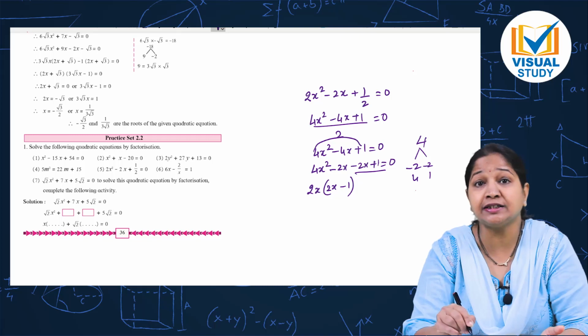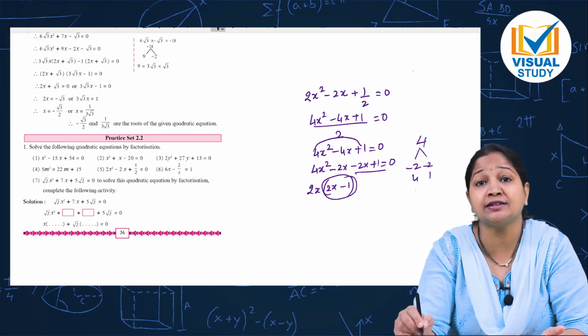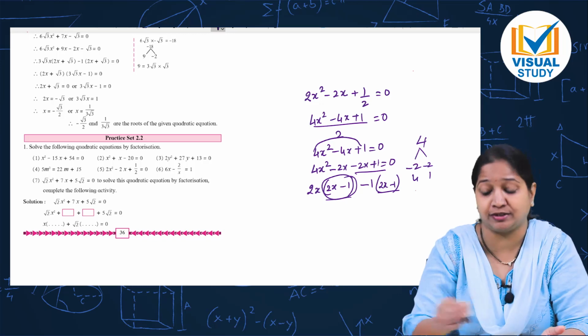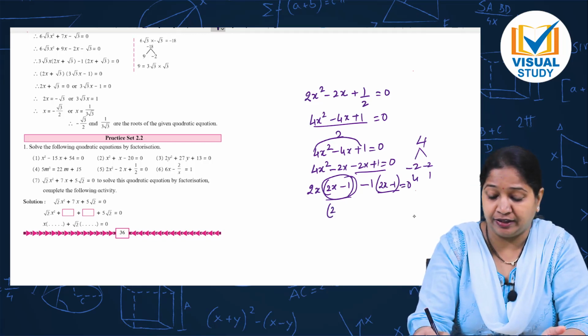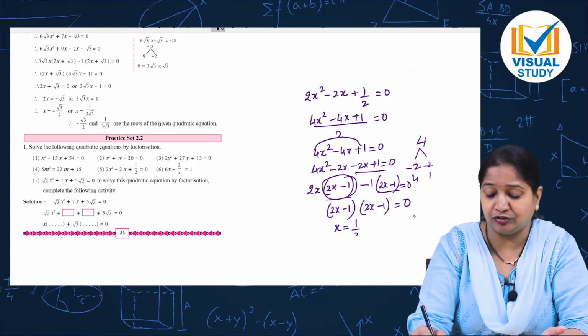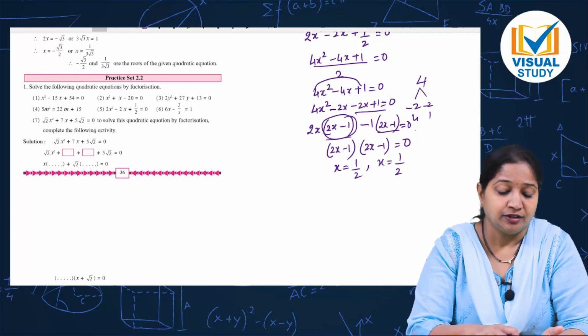Here the common factor is 1. Keep in mind that you have to get the next term the same as the common factor. So minus 1, 2x minus 1. See, we have got the common terms. And now 2x minus 1 and 2x minus 1 equal to 0. That x equal to 1 upon 2 and here also x equal to 1 upon 2. So you can solve this in this way.